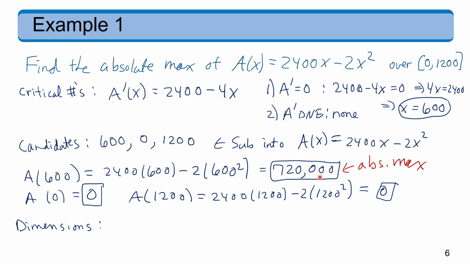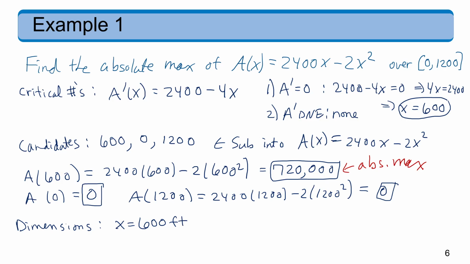We want to find the dimensions. Well, the x is what we plugged in, the 600. So an x dimension of 600 gave us the maximum area. So we know x is 600 and we should put units on it. Remember our distances were being measured in feet and x is a length.